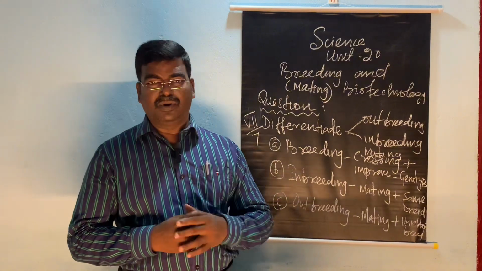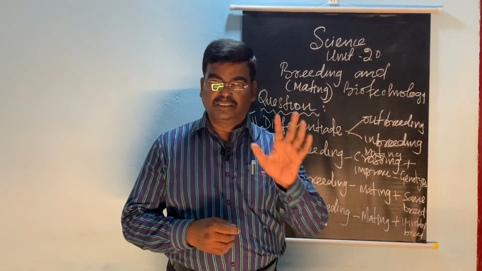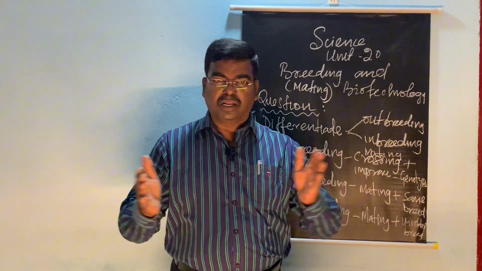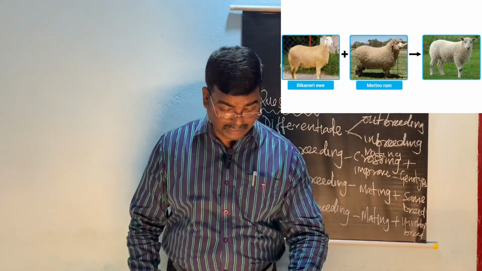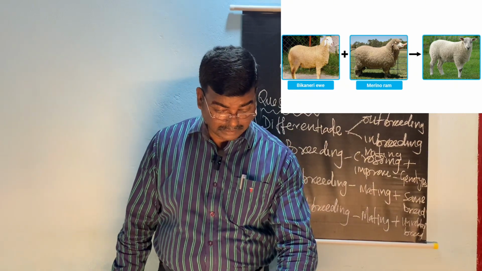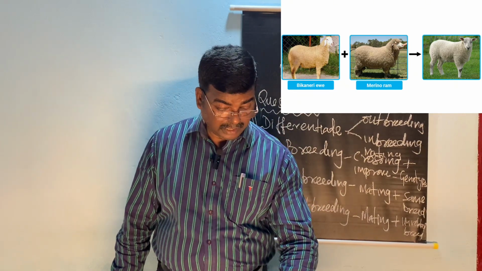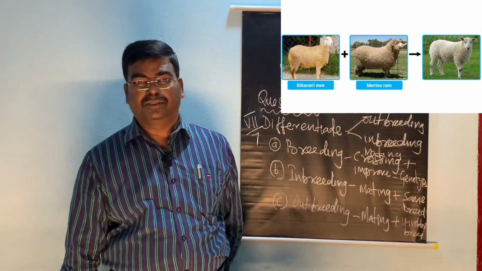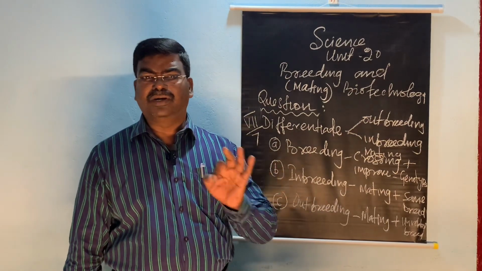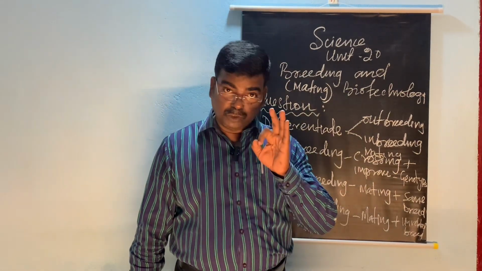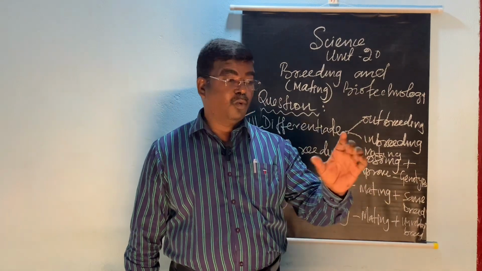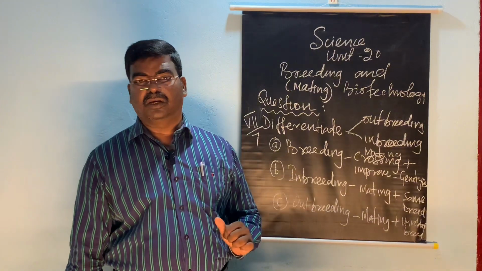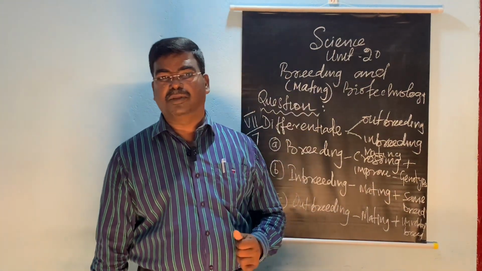So here they have given examples. What superior animals are they taking for this cross? One is Bikaneri ewes and Australian Merino rams. They have just given the words, but you must know the meaning of those words, where these organisms are found, and what the qualities of those organisms are.